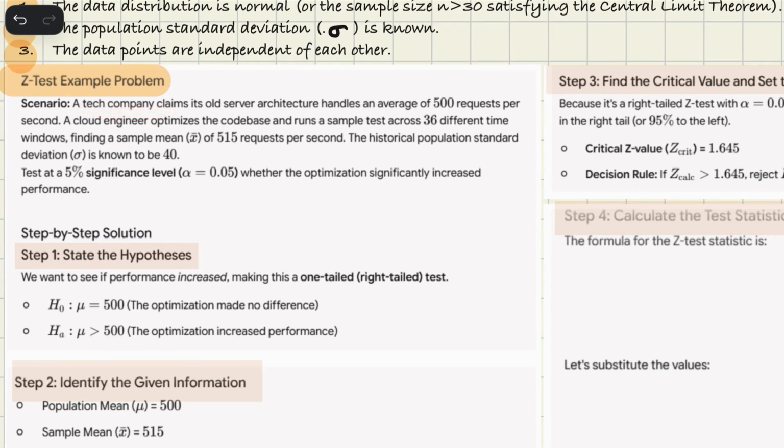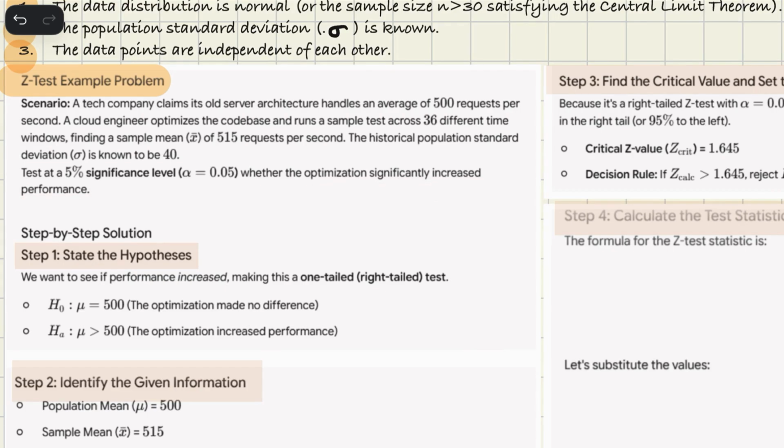The tech company claims that its old server architecture handles over 500 requests per second, and the cloud engineer optimizes the code base and runs a sample test across 35 different time windows, finding the sample mean of 515 requests per second, and the historical population standard deviation is known to be 40. So test at a 5% significance level whether the optimization significantly increased the performance.